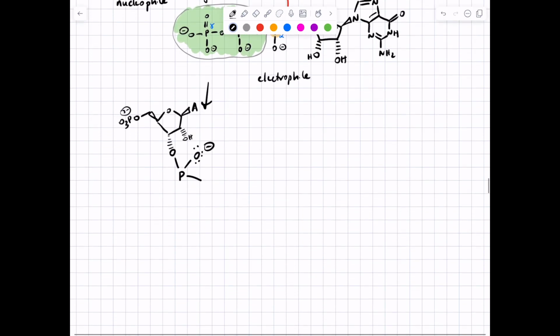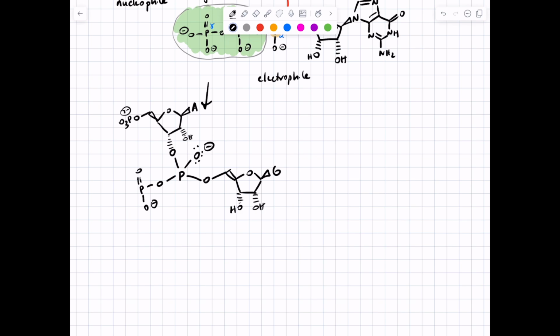Then over here, we're going to have the next ribose ring and our G base. And then over here, we're going to have the pyrophosphate leaving group.